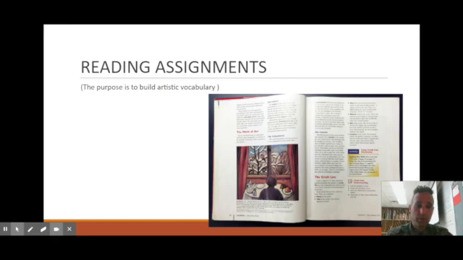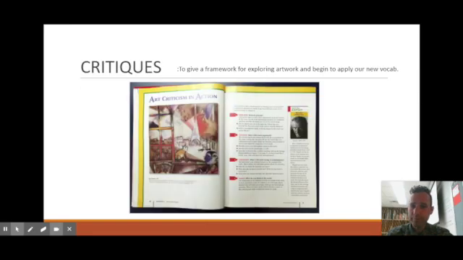So as we're drawing, we're going to talk about the element of line. As we're painting, we're going to start by talking about the element of color, and they'll have lessons to read along with it and Schoology quizzes then to fill out so that we can continue to use a more sophisticated vocabulary to help our understanding along the way. Make it a little easier to talk about what we're doing.